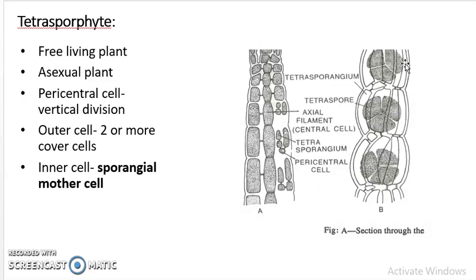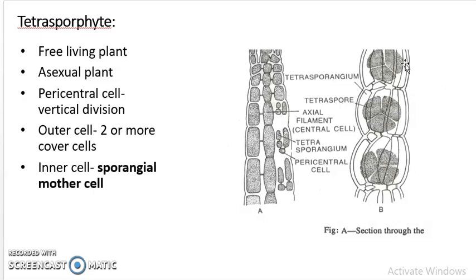But when you count the chromosome number, you can see that the tetrasporophyte is diploid, whereas the female gametophyte is haploid. The tetrasporophyte is a free living plant, but it is an asexual reproductive plant. There is no sexual reproduction occurring in the tetrasporophyte.